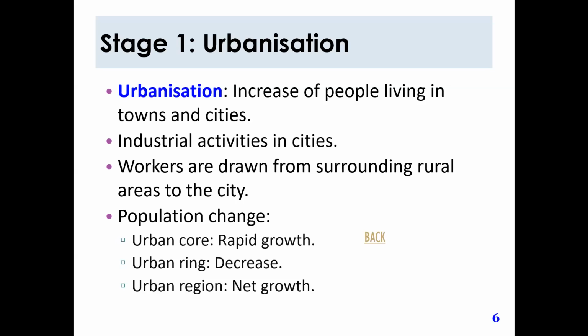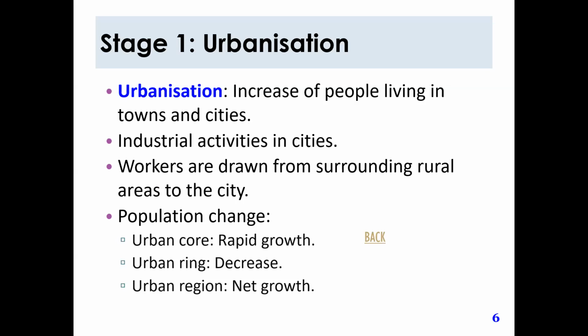You know this already. Things like better education opportunities and better schools. You have universities in the city area, not in the suburban area or urban fringe. So workers are drawn to the city for a better quality and standard of living.